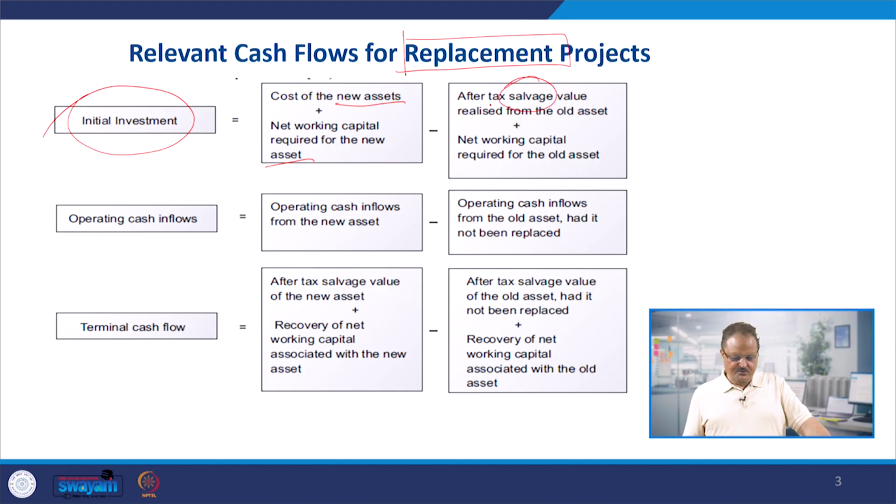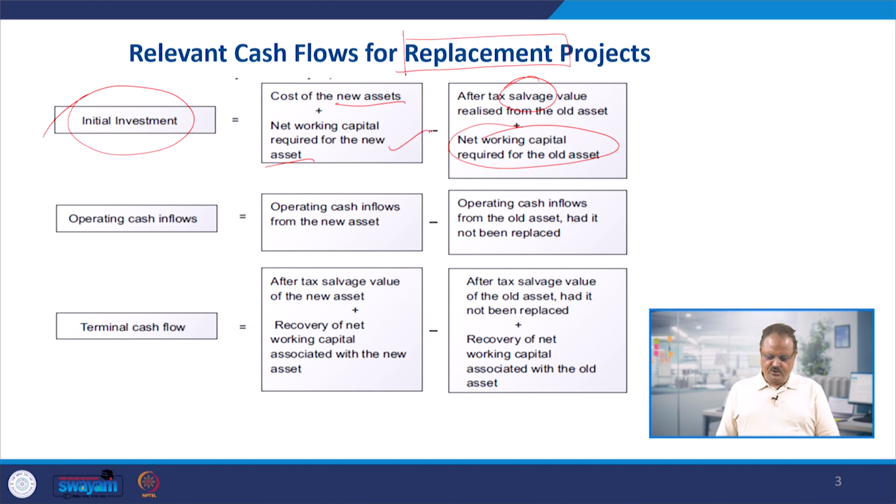That gives you the salvage value to be realized from the sale of the old asset. Is there any incremental net working capital required by the new machine, or is the working capital going to remain the same? So the initial investment is required only in the replacement of the asset in the form of the fixed cost. That will be worked out as the total investment requirement minus the salvage value coming from the sale of the old asset.